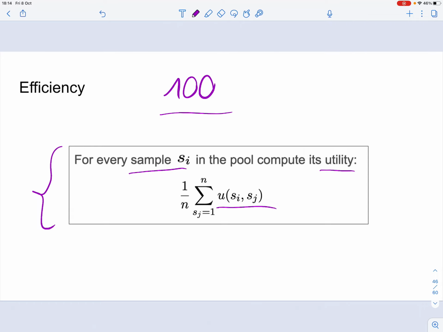If you use pools with a size of 100, already the number of samples you have to draw from the model and the number of times that you have to call the utility function is prohibitively high, and MBR at this point is starting to be an intractable problem again in practice. So that's the efficiency problem that needs to be improved.